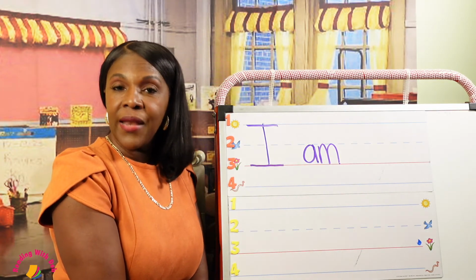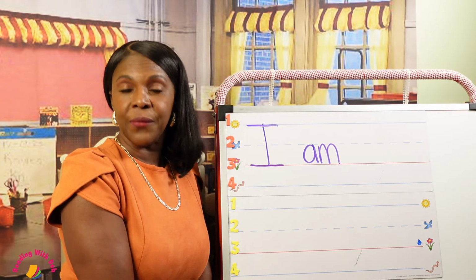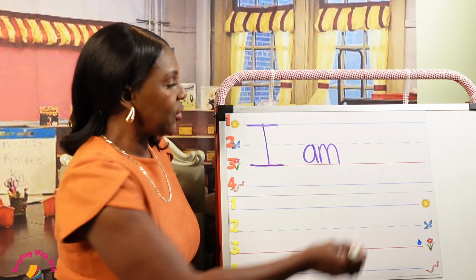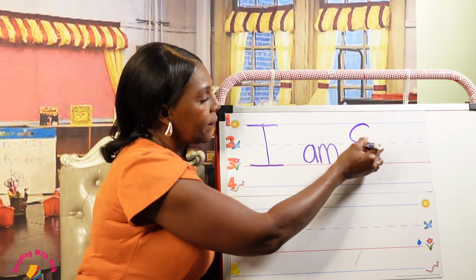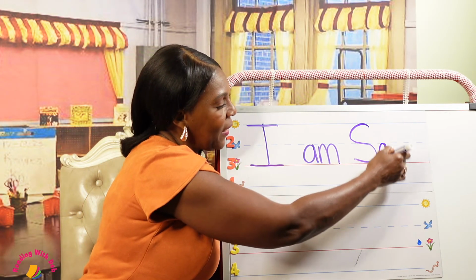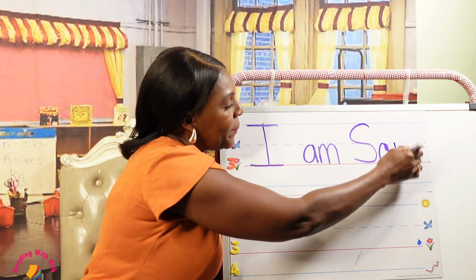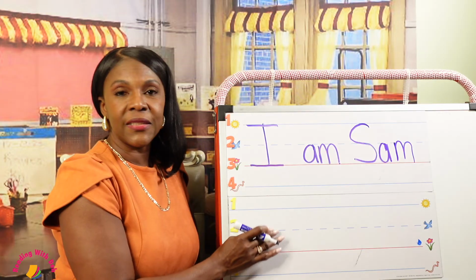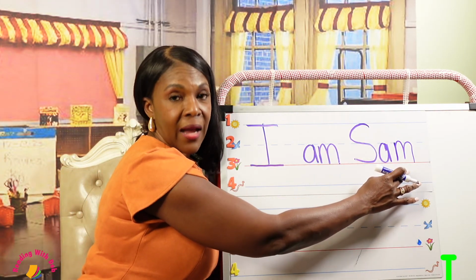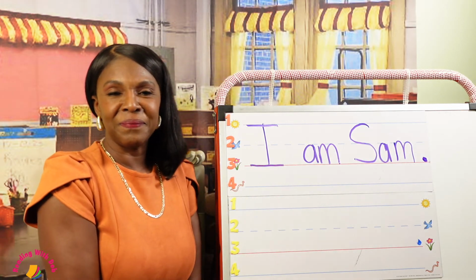Now, whenever we write someone's name, we also have to start that name with an uppercase letter. So the word Sam has to start with an uppercase S. I hear the A. Sam. And now the M. Let me read the sentence. I am Sam. I have my 3 words and I'm going to now add my period at the end.